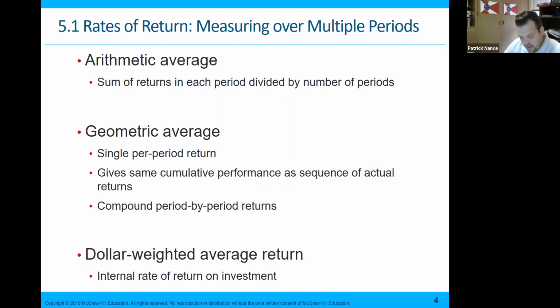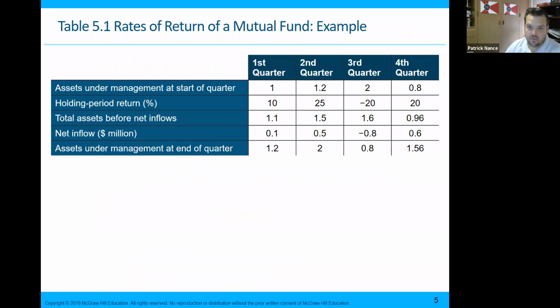Geometric average: we average the return equal to a single per period return that would give the same cumulative performance as the sequence of actual returns. So effectively, for our geometric average, we take 1 plus the return times 1 plus the return for the next year, times 1 minus, if it's a negative number, the return, times 1 plus the return for year 4.